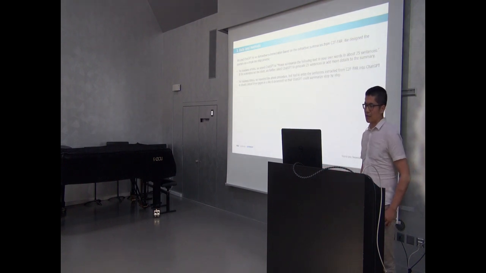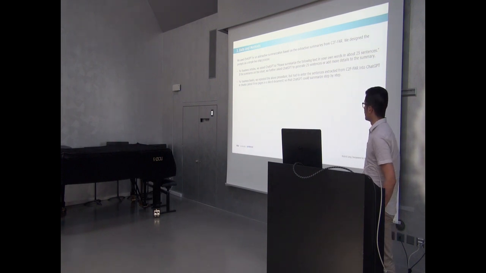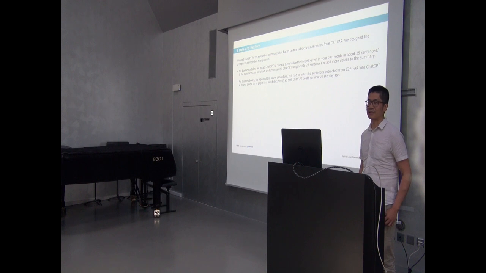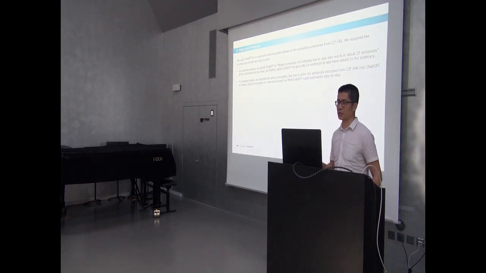And we also did a very preliminary test of ChatGPT based on the books in our dataset. For articles, we asked ChatGPT to summarize the following text in your own words in about 25 sentences. I later realized that these 25 sentences do not exactly control the number of sentences, because ChatGPT cannot exactly generate 25 sentences.